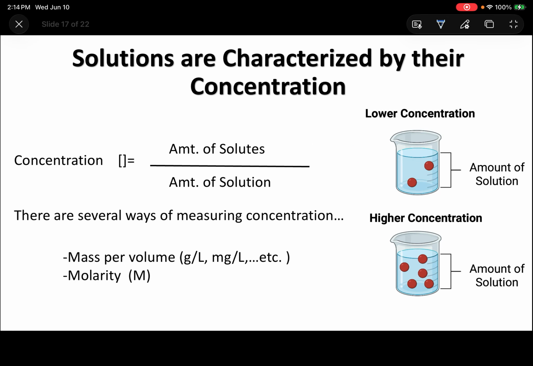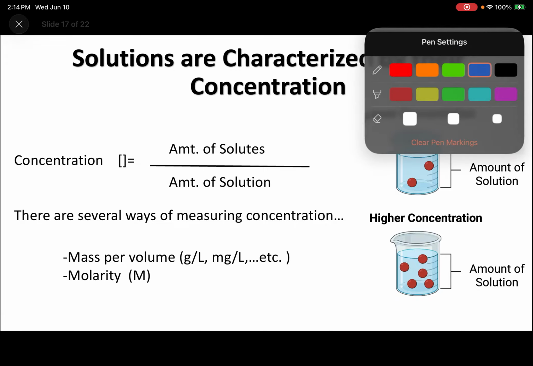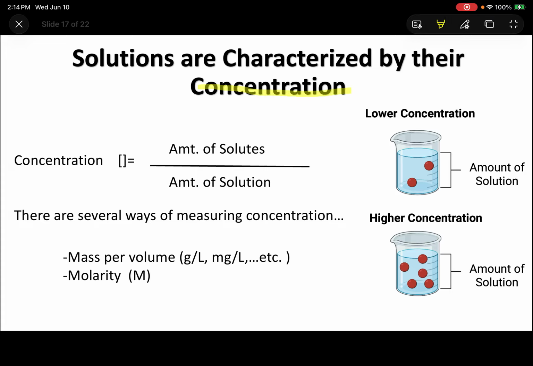I want to end this discussion on solutions by talking about how we can actually characterize these solutions. And one of the biggest characterizations of these solutions is by concentration. This is a word that, again, we are going to hear a lot of. So this is going to be a concept that we really practice with in class.